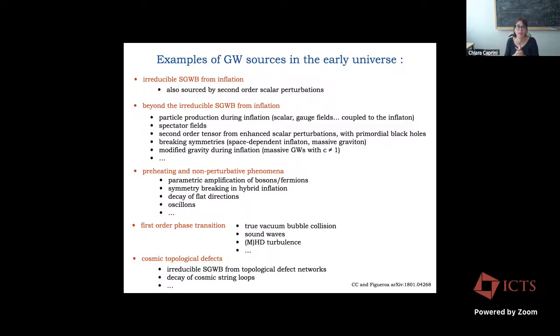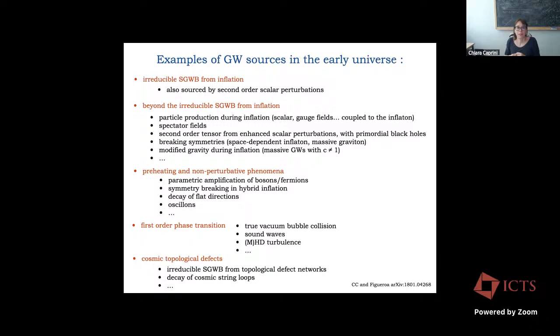And then you can have second order tensors in connection with primordial black holes. Of course, if you have these enhanced scalar perturbations, then one needs to somehow go beyond the vanilla slow roll inflationary model. But if you have this enhanced scalar perturbation, then in general you have associated to this the production or the collapse of primordial black holes.